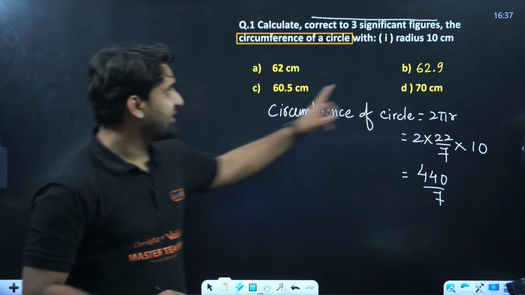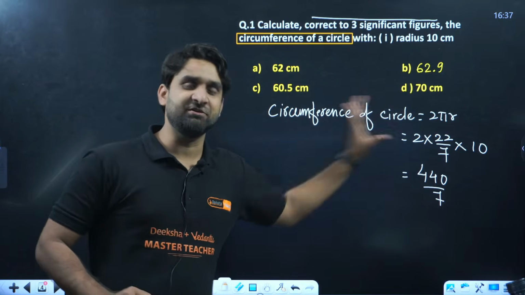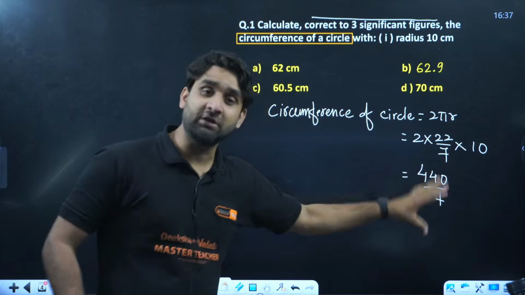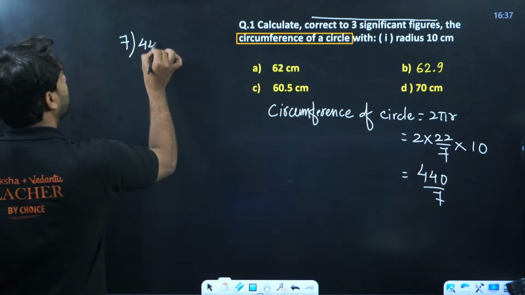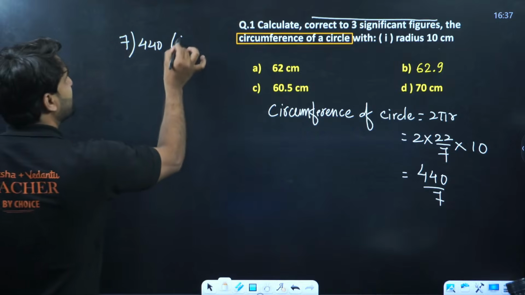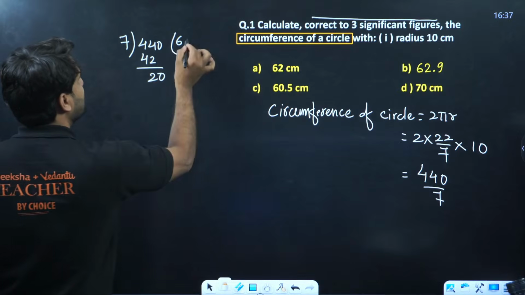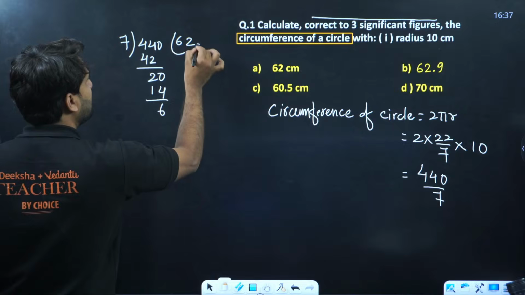All the answers are given in whole number or decimal form, no answer is in fraction, so we have to divide 440 by 7. 7 6s are 42, remainder 20, and 7 2s are 14, remainder 6. Let's put a decimal point here.